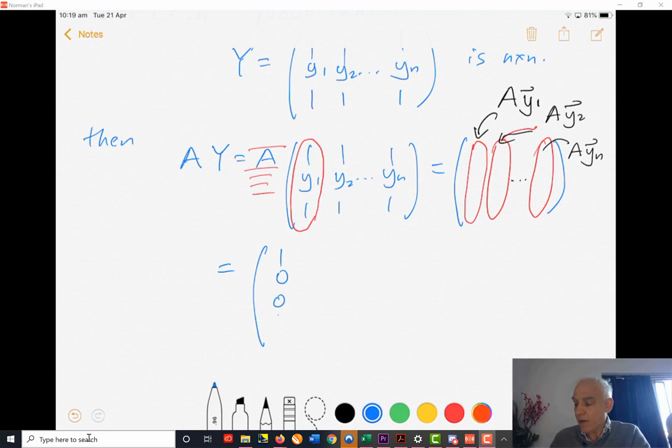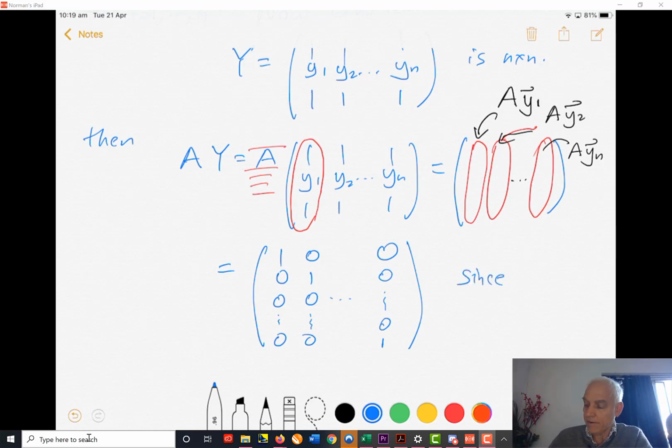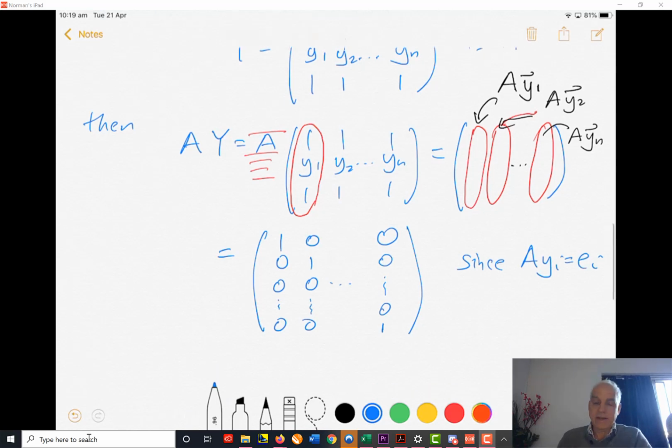And AY2 is E2, which is 0, 1, 0, all the way down to AYn, which is the vector with just a single 1 in the last spot, since A times Yi equals Ei. So this is the n by n identity matrix.